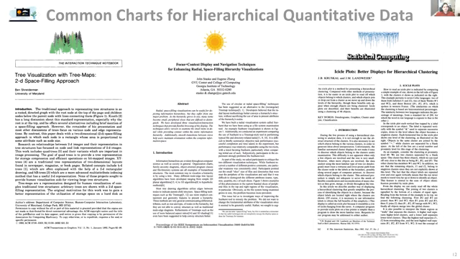And here I'm showing screenshots of the original articles that first introduced these charts for hierarchical data visualization. Tree maps were introduced by Ben Schneiderman at the University of Maryland. Sunburst charts were introduced by John Stasko and Eugene Jiang at Georgia Tech. And icicle charts were invented by Kruskal and Landwehr.